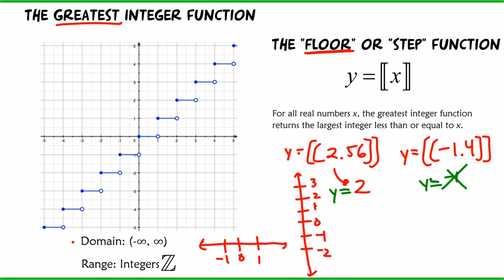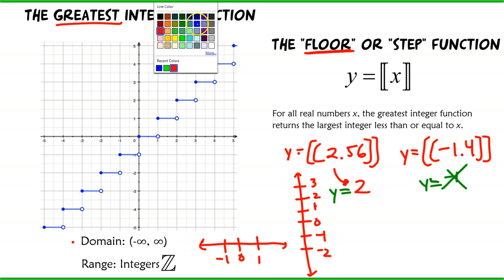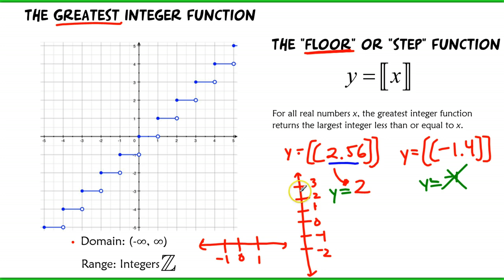He's going to get real slippery now. So I throw some grease on him, and now I try to input a number like 2.56. So I want to graph 2.56. Well, I put it on there, but uh-oh, it's all slippery, it's oily. He falls down to 2. This is why we get y equals 2. Well, it's not really why we get it, but it helps to visualize why we're getting y equals 2 when we do a greatest integer function.